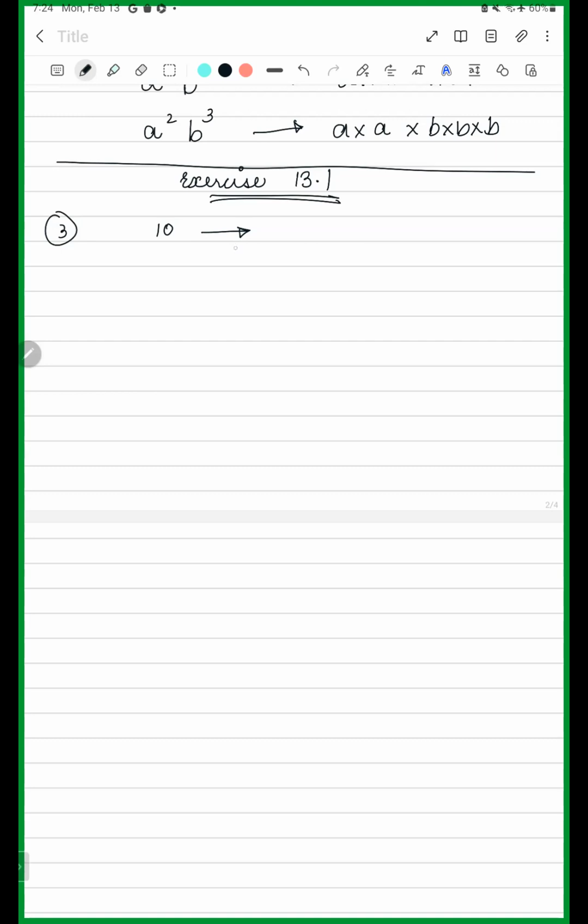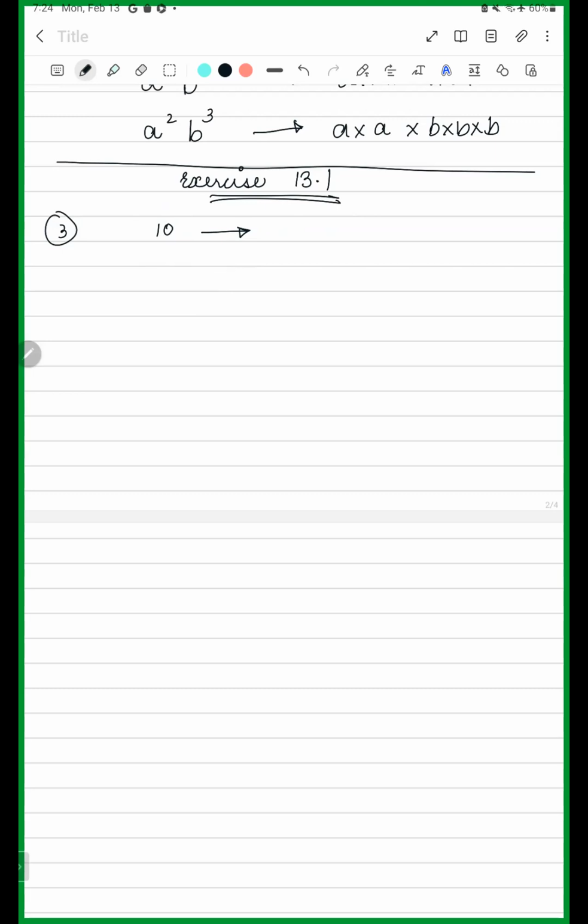In the first and second question, it's 2 to the power 6 in the first part, right? And in the second question also it is 6 to the power 4. So the same thing you're supposed to do here: 10 is given, you have to write it as something into something, and both of them are supposed to have powers, just like in the second question.